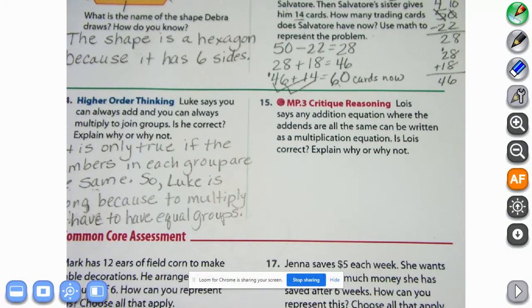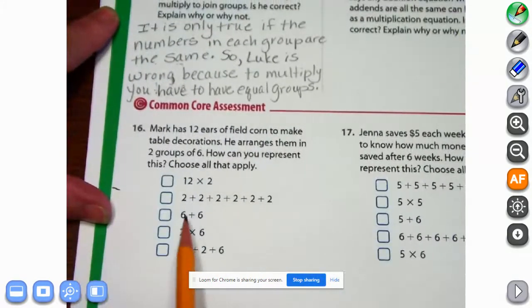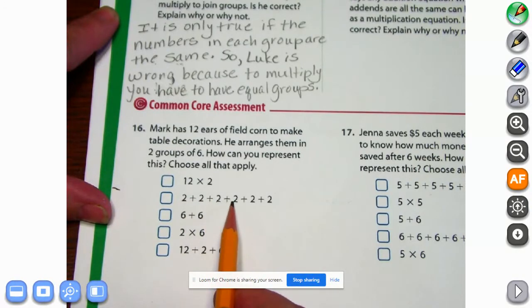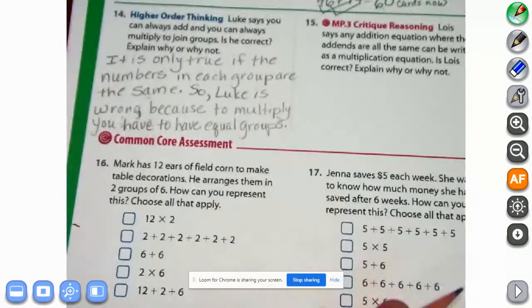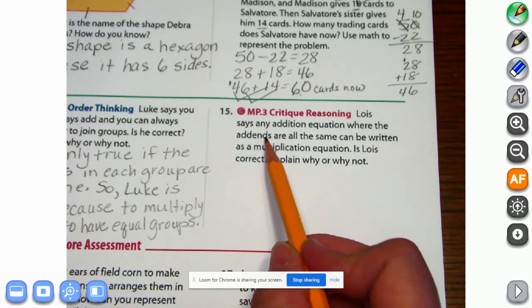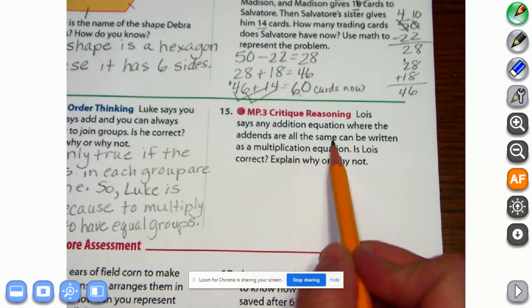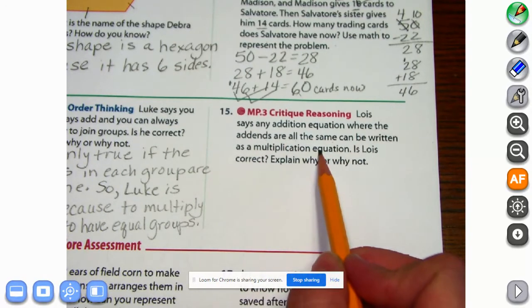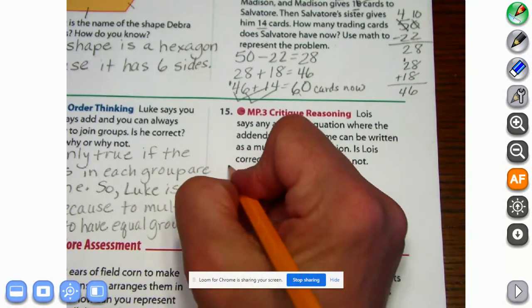So an addend is all of the numbers that you can add. So down here on this bottom here, these are addends because you're adding them. Each one's an addend. So Lois is saying an equation where the addends are all the same can be written as a multiplication equation. Is she correct? Yes.